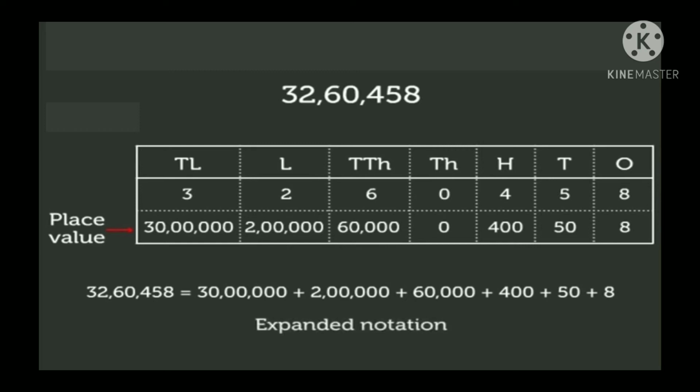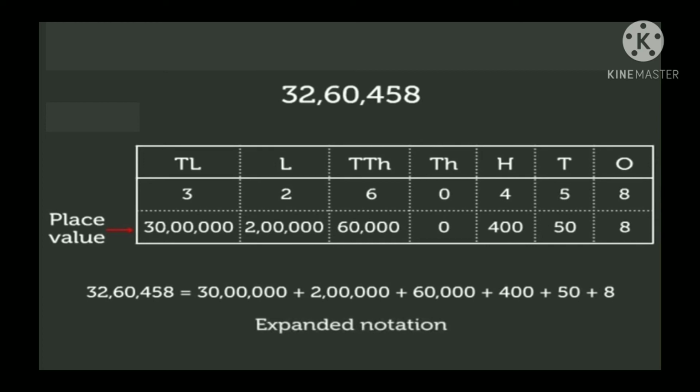So by using the place value chart we can write the place value of each digit. The place value of 3 is 30 lakhs, the place value of 2 is 2 lakhs, the place value of 6 is 60,000, the place value of 0 is 0.